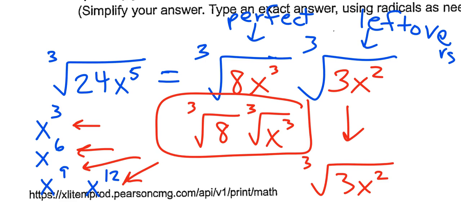So I know the cube root of 8. What did you get for that one? What times itself 3 times? It's 2, right? And then this, how many times does 3 go into 3? Once. So that becomes just x, x to the first. Yeah. Okay.